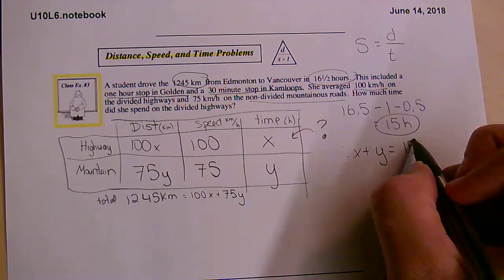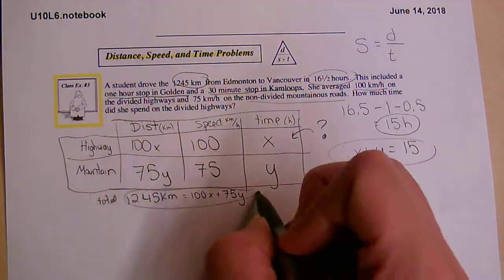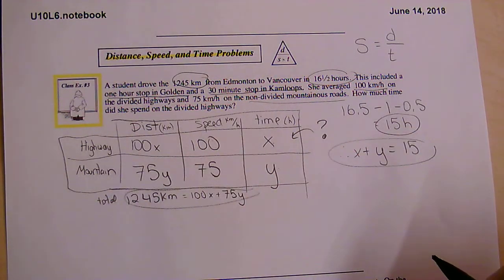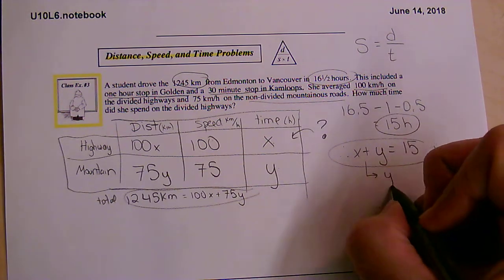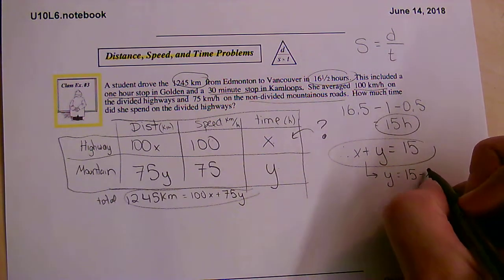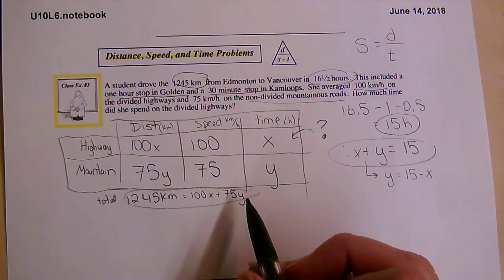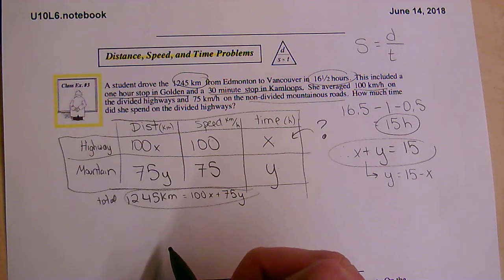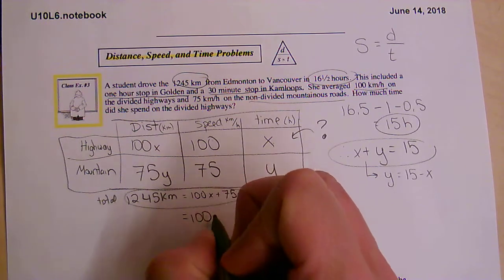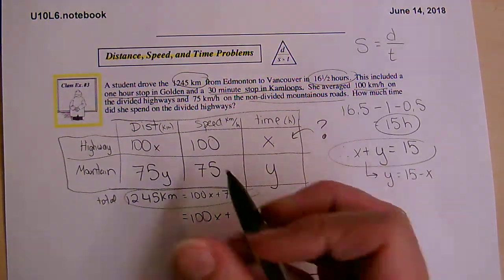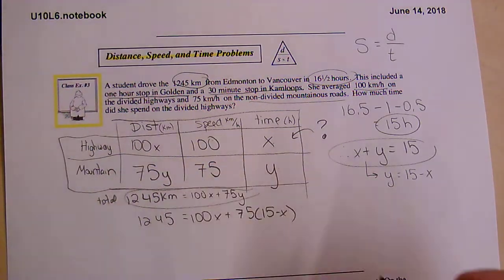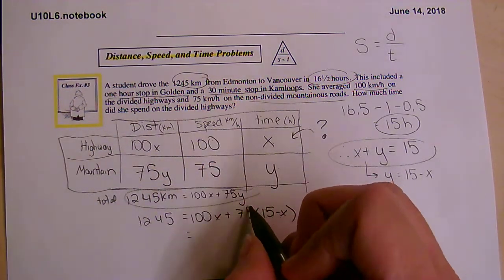Okay, so I've got one system here and another system there. So probably easiest just to solve for this. So y is going to be 15 minus x, which then I'm going to substitute in here and then solve down as per usual. Okay, distribute that.